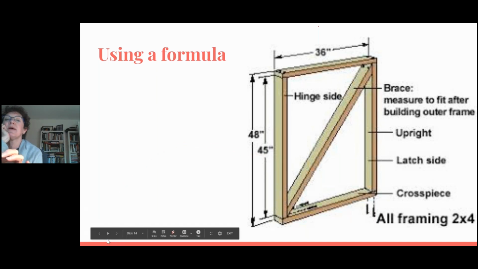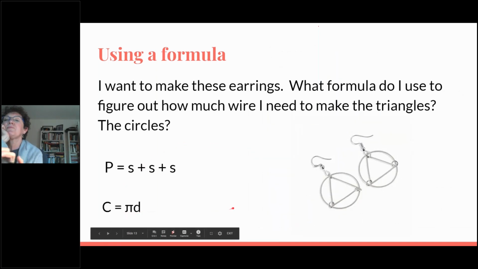I had one question. Go ahead. When you say S plus S plus S, what is S? Is that the sides of the triangles? Yes. Okay, so that way we know how big or small we need to make the triangle inside of the circle.